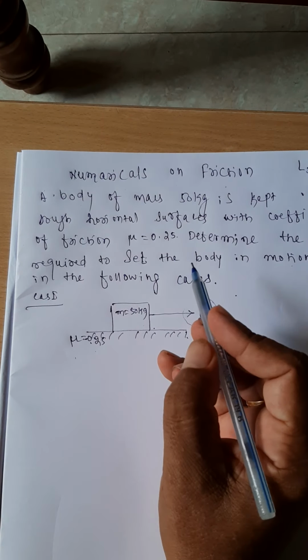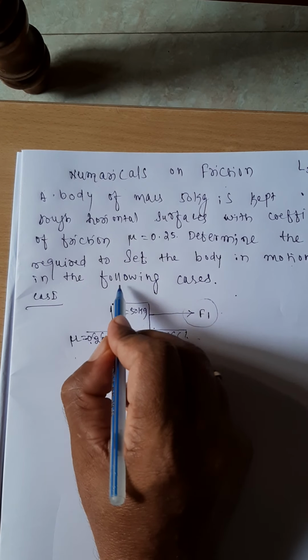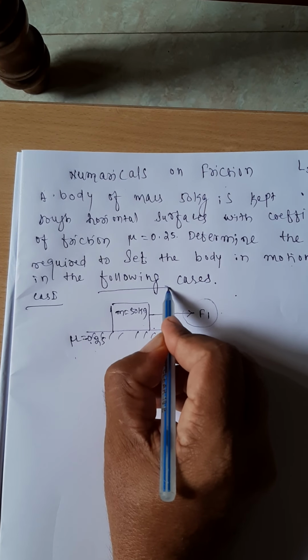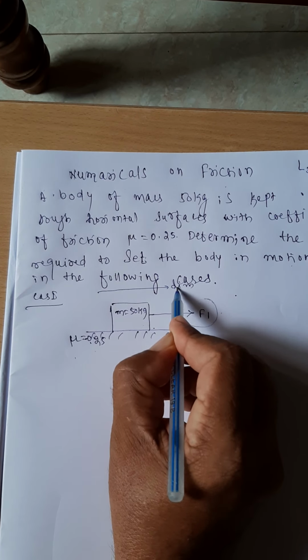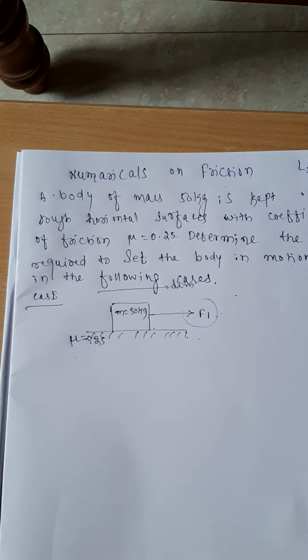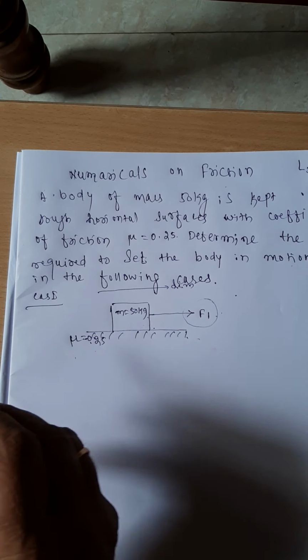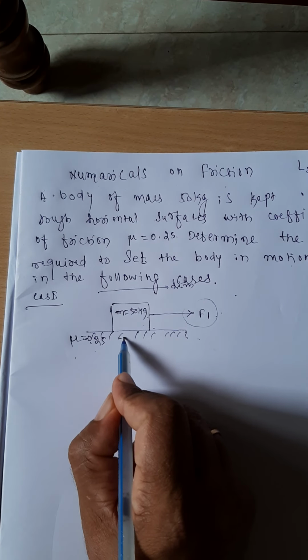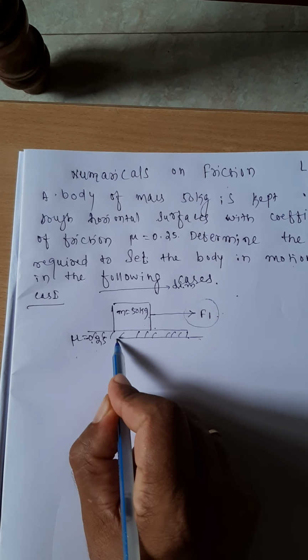So first, the body has a tendency to move like this. This is the direction of impending motion. If this is the force, in what way does the body move? The body will move like this. Once the motion of the body is known, you can mark the frictional resistance, which is tangential to the surface.